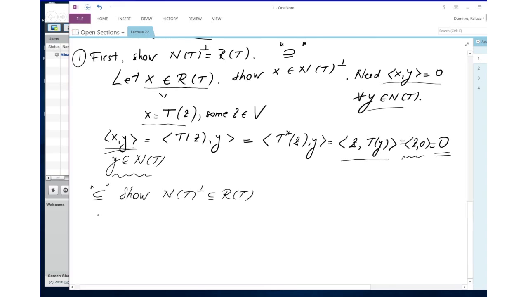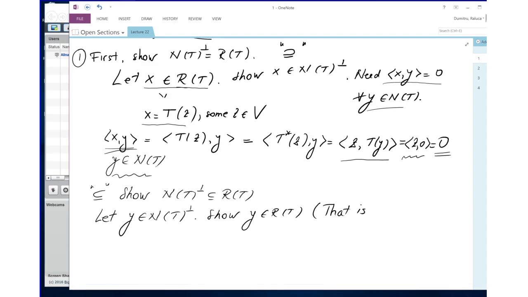Okay, so let Y be an element in the orthogonal complement of the null space. We want to show it is in the range, but what does that mean? Remember that T is a projection. We've already seen that because T equals T squared by assumption.